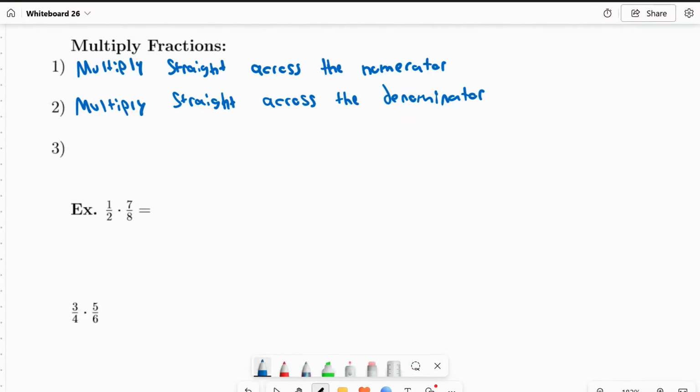And then your final step is to simplify. So multiply straight across the top, straight across the bottom, and then simplify your fractions.